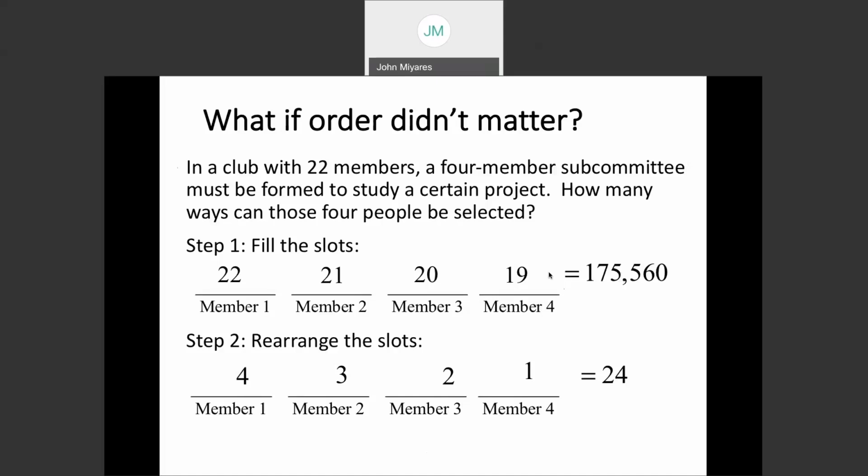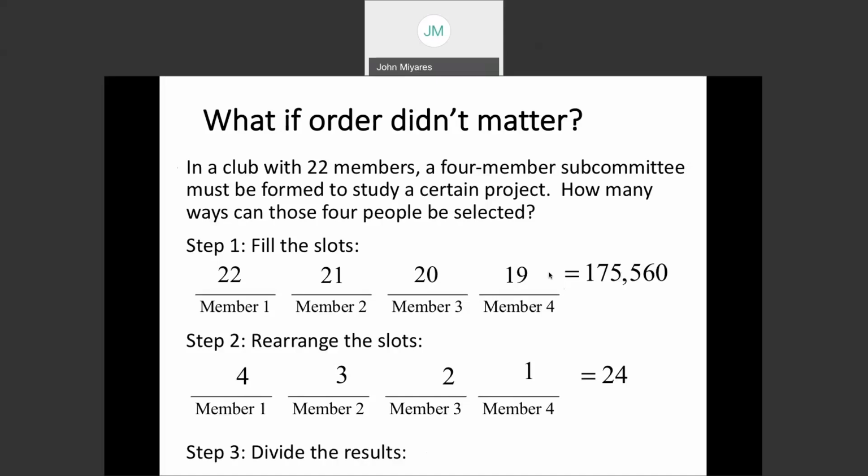Now, how do we discount for those repeats? Well, what we're saying is that for every one of the possible groups of 4 that could be selected in step 1, there are 23 other identical ways that the same group could be picked, but in a different order. So we're going to divide the results.